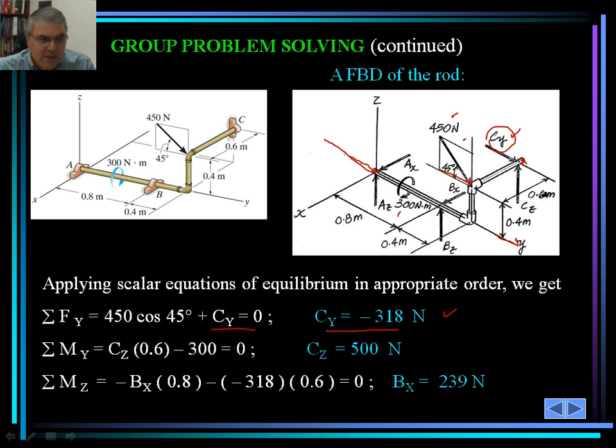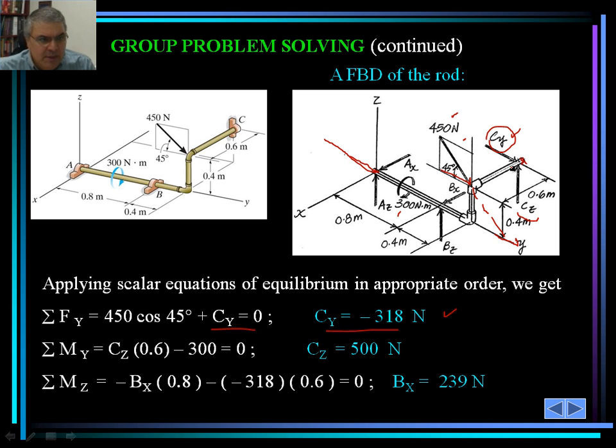No, it will not, because it actually goes through the y-axis itself. And what about C sub y? Would that cause any kind of rotation about the y-axis? No, it wouldn't. So the only one here is really C sub z. If we apply C sub z, we need to multiply C sub z by the distance 0.6. That would be the moment about the y-axis, okay?